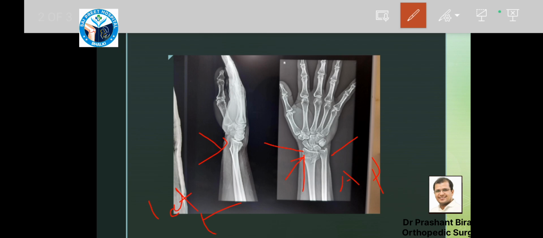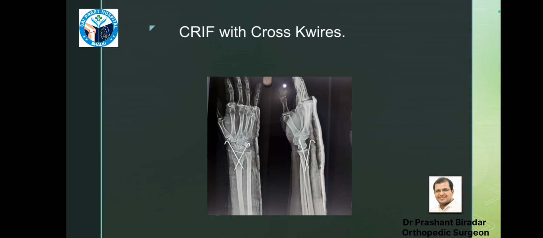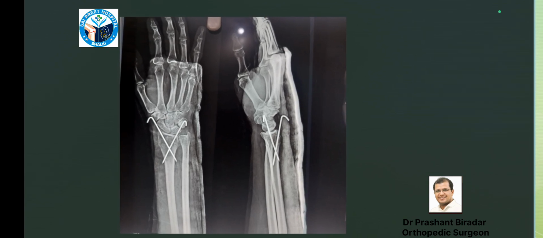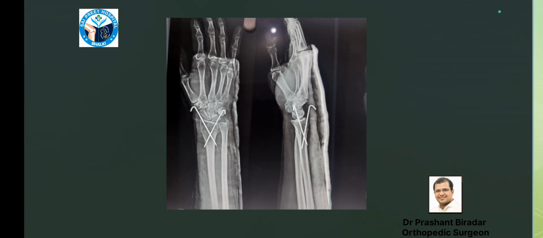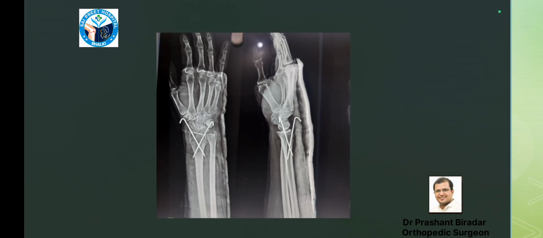As I told you, we have to reduce it and put a plaster for these patients. In this case we tried to reduce it and put a plaster, but as it was not stable, we had to put wires to stabilize the fracture.